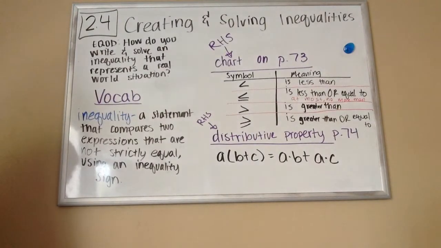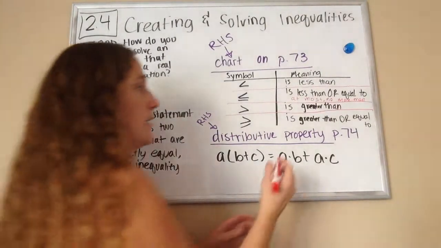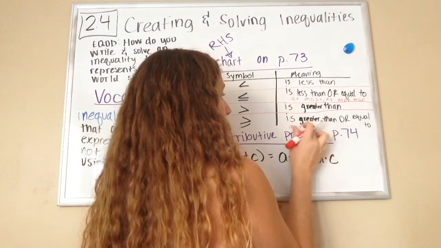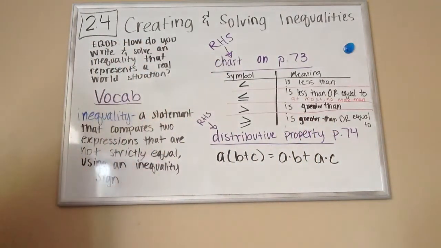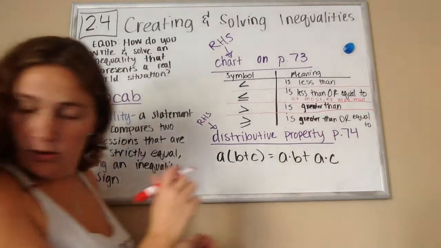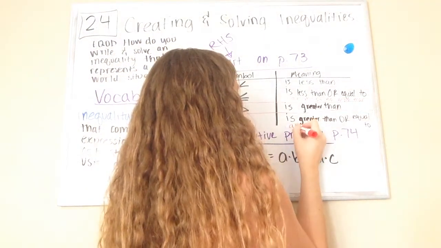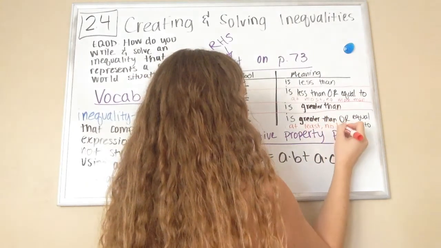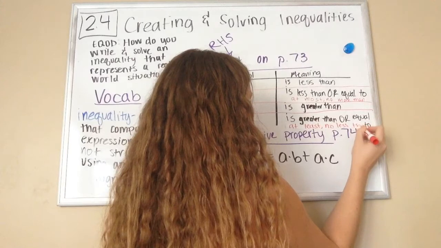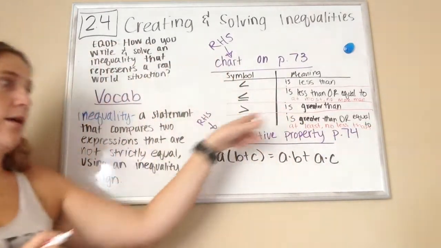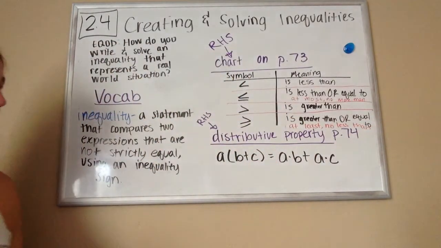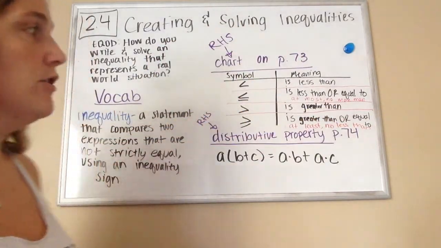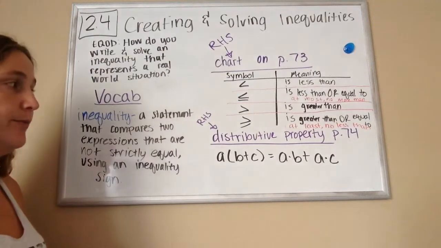Some other ways that we can represent that is at least or no less than. Alright, and those line up with the greater than or equal to sign. So add those into your chart because you will see those words today, guaranteed, and you will need to know what symbol they match up to.